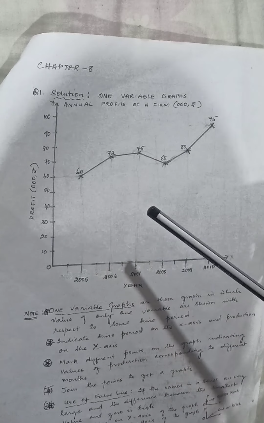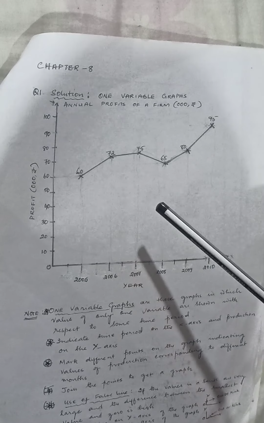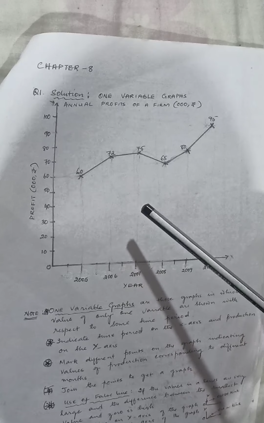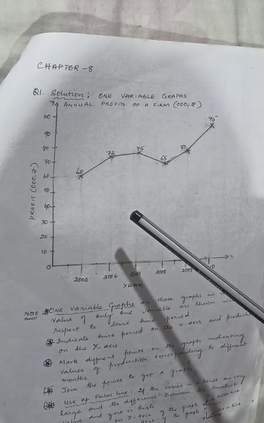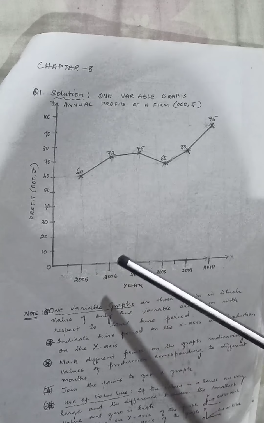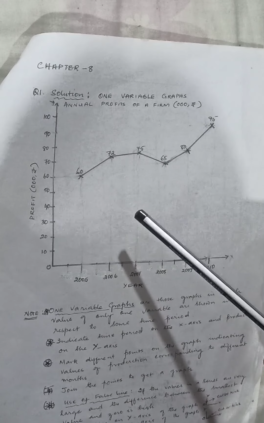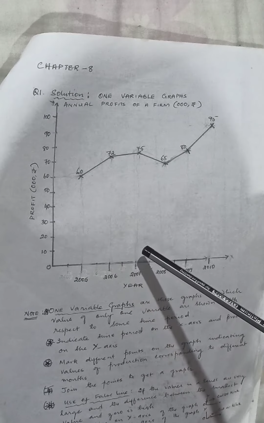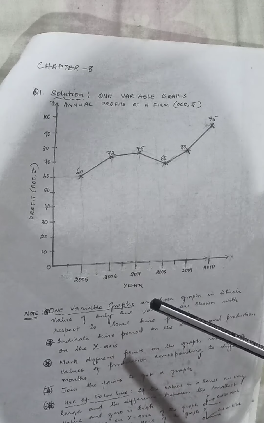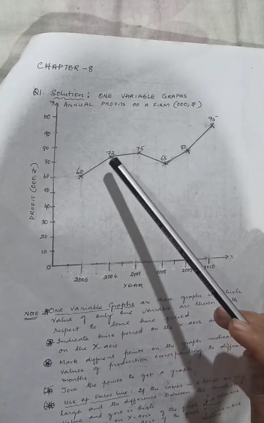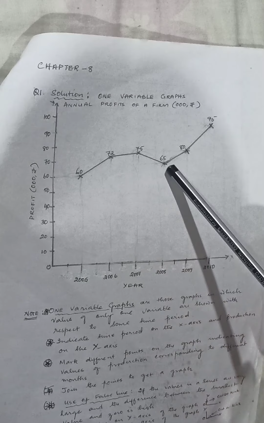So here we will mark down different points on the graph indicating various values of projections corresponding to different years. And next we will join the points to get a graph. When we join the points, we get a graph.